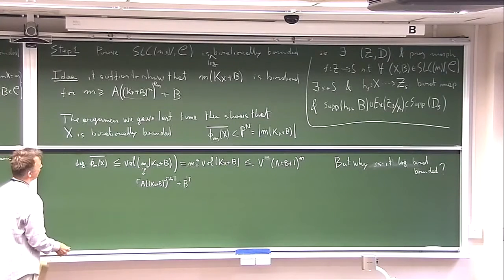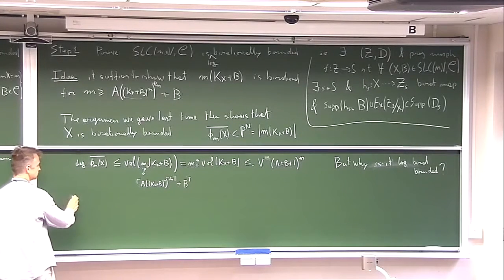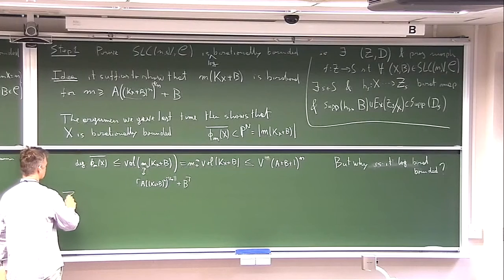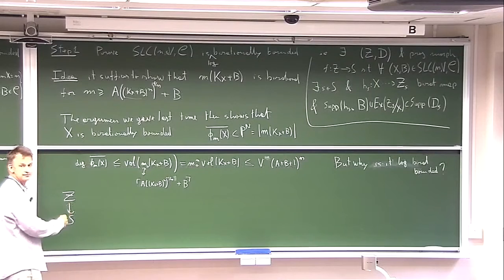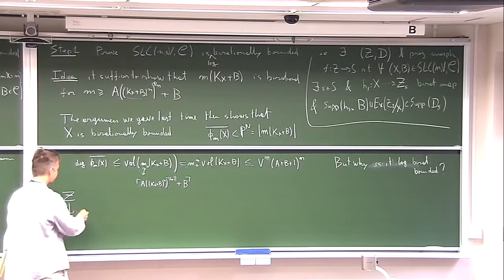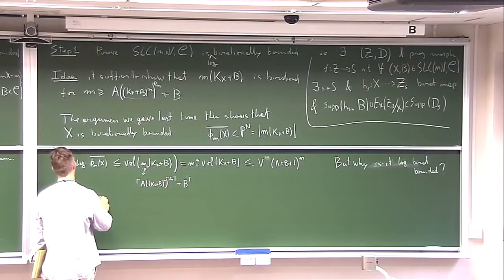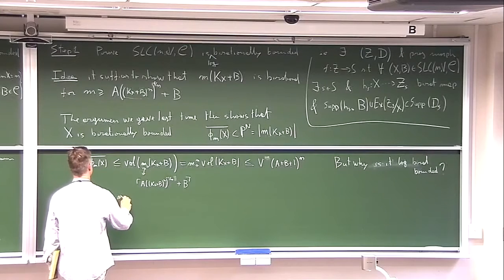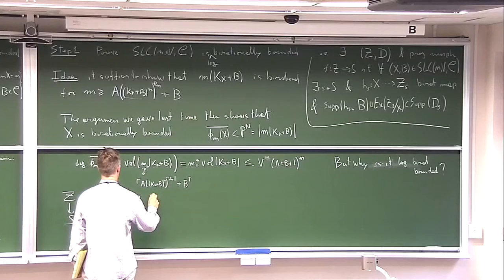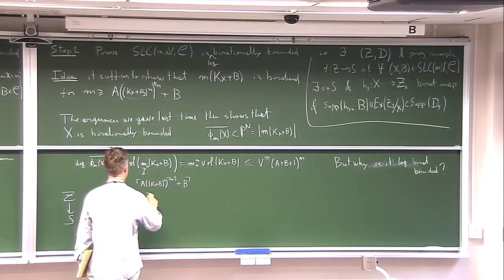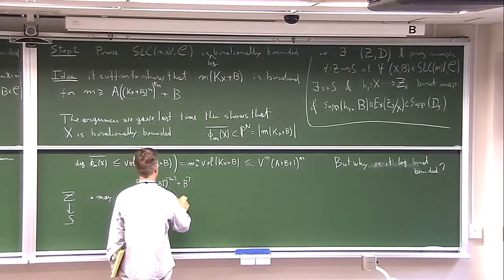Okay, so what have we done so far? We've constructed this family Z over S such that for any such X, there's a fiber of this which is birational to X. Now, once you have a family, well, first of all, we may assume that this family is smooth.